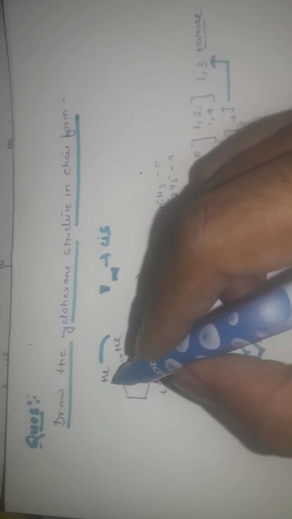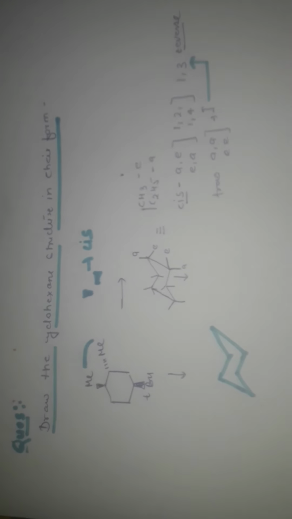If you see this 1 and 2, this is trans. Why trans? If you see here, this group is like that. So if you draw this, you should know that it is trans.